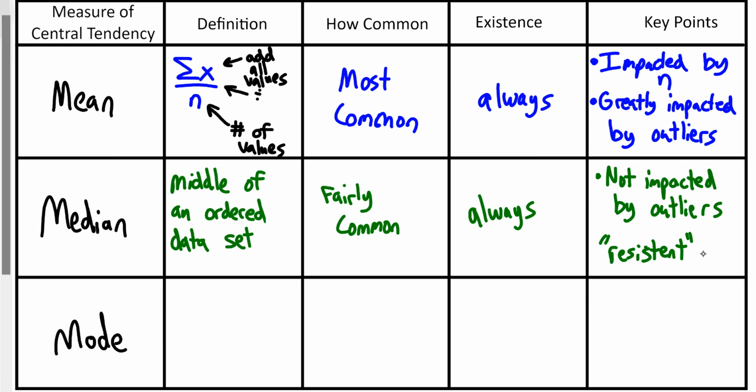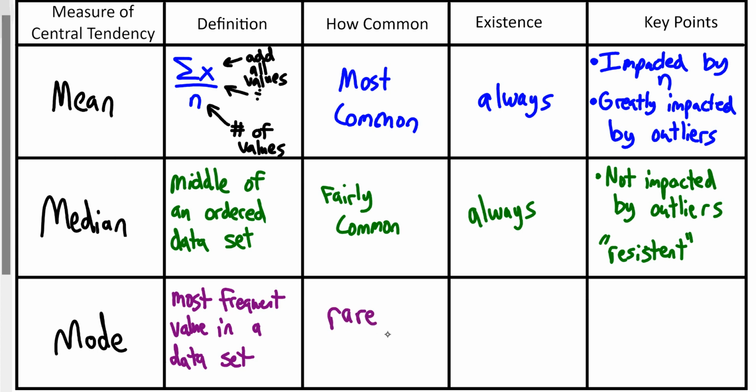And then lastly, the mode. The mode is the most frequent value in a data set. It's not the most frequently used measure of center, but it is just the most frequent value. It's pretty rare that you would use this to talk about a measure of center.